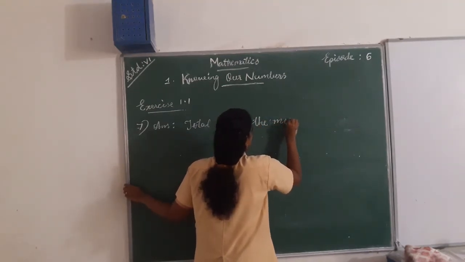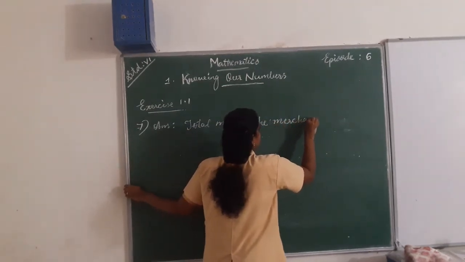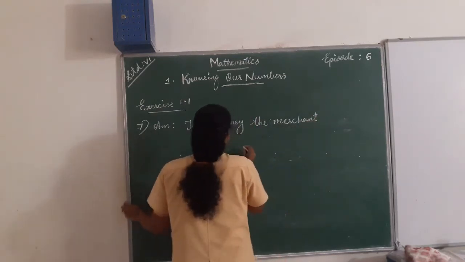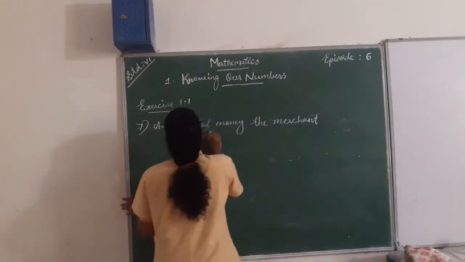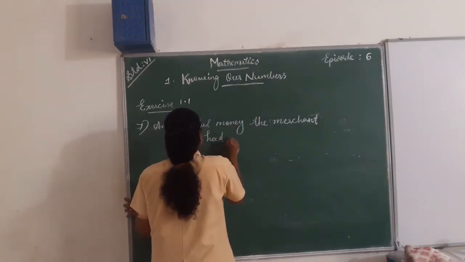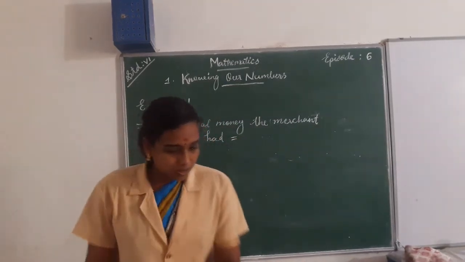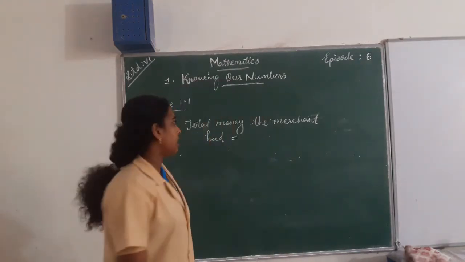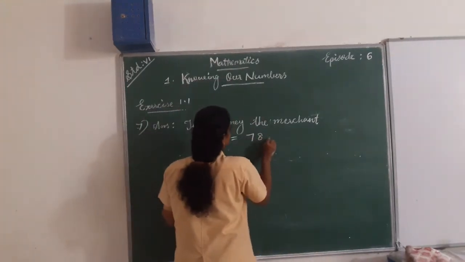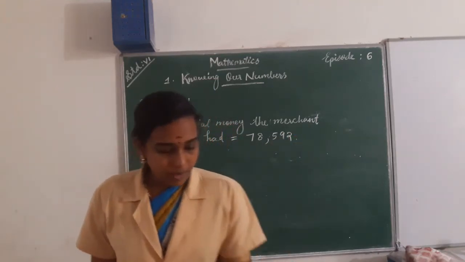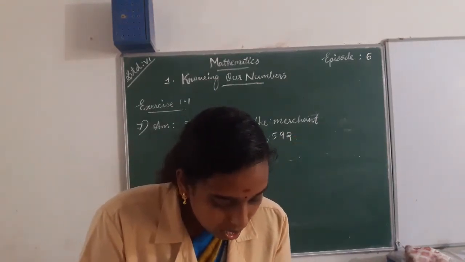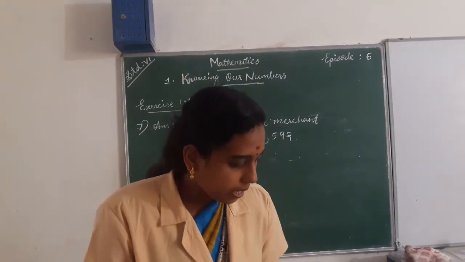How much money did the merchant have? It is 78,592. And here is given, she placed an order for purchasing 40 radio sets.